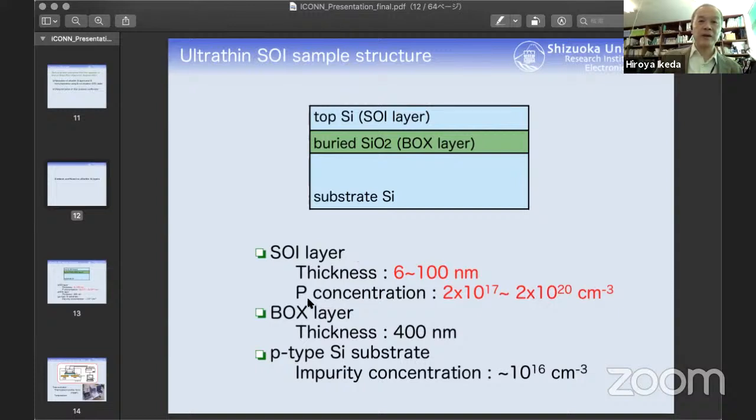So we made a variety of samples with phosphorus concentrations from 10 to the 17th to 10 to the 20th per cubic centimeter.